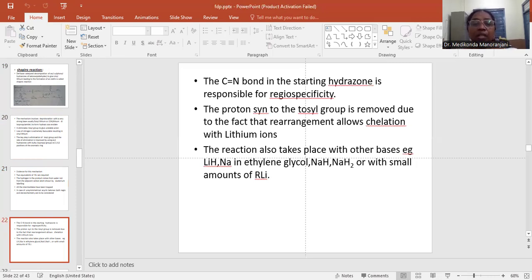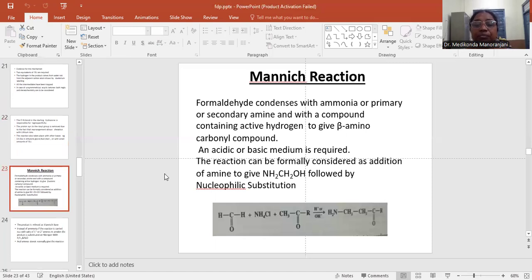The C=N bond in the starting hydrazone is responsible for regiospecificity. The proton syn to the tosyl group is removed due to the fact that the arrangement allows chelation with lithium ions. The reaction also takes place with other bases.